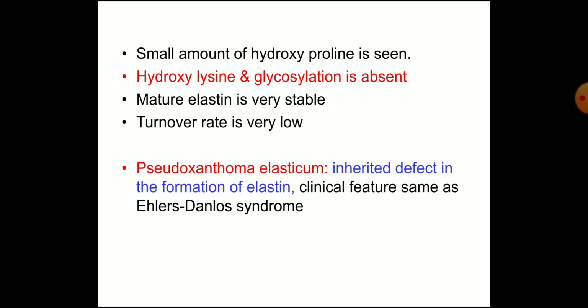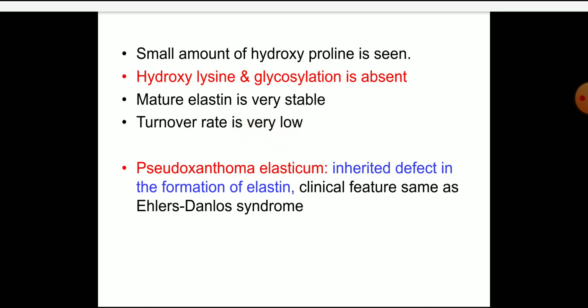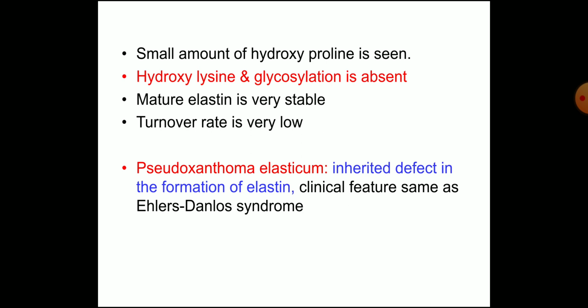Usually glycosylation occurs only on hydroxylysine, so when there is no hydroxylysine, glycosylation is also absent. Mature elastin is very stable, and the turnover is very low. There is a condition called pseudoxanthoma elasticum. It is an inherited defect in the formation of elastin. Clinical features are almost the same as those of Ehlers-Danlos syndrome.